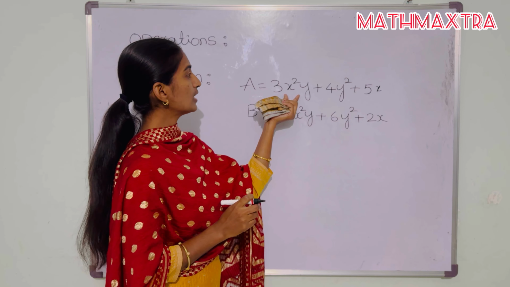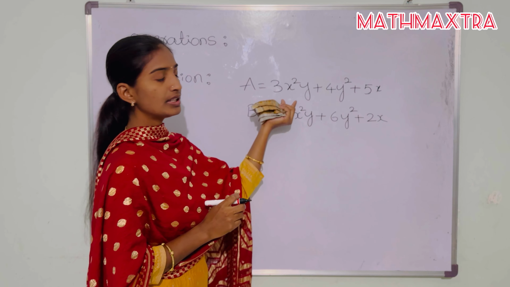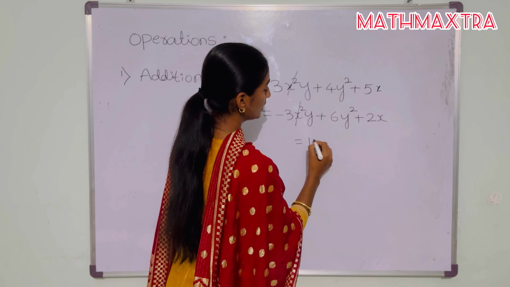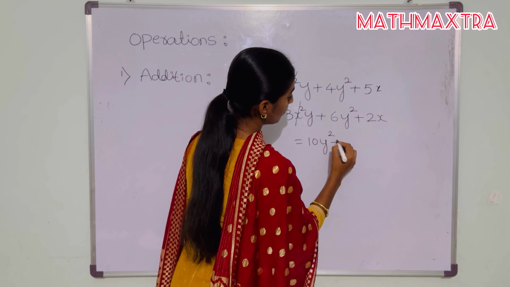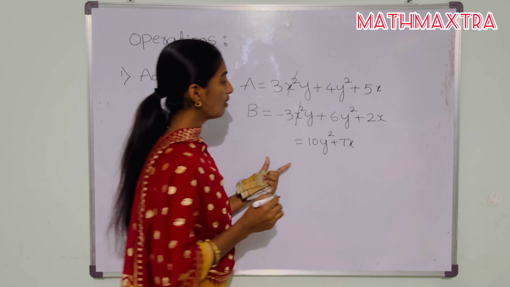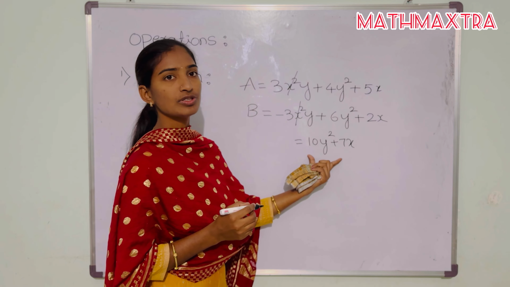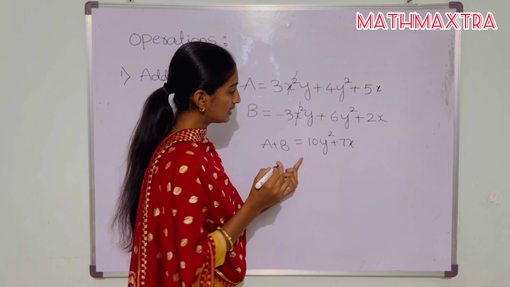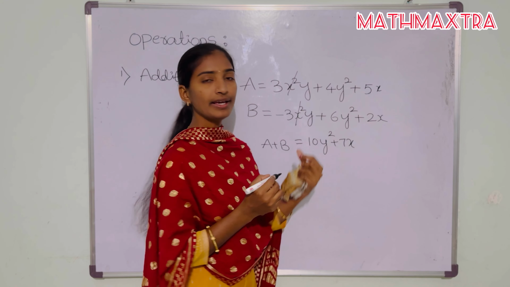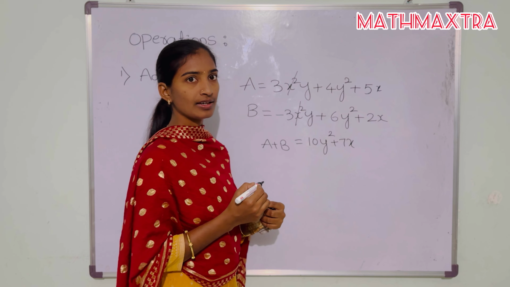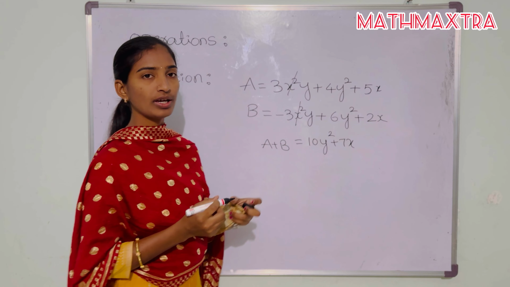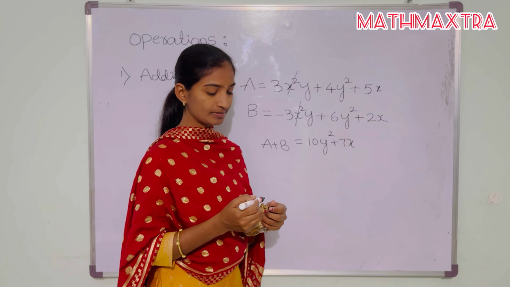The like terms x square y get cancelled. Then you will remain with 10y square plus 7x. So now what is the degree of this expression? This is the a plus b expression. So the degree of this expression is simply 2, isn't it? So this is what we generalized just before. Okay, you remember that note point.